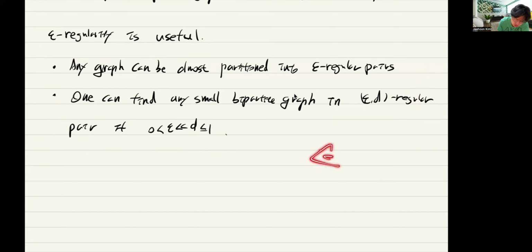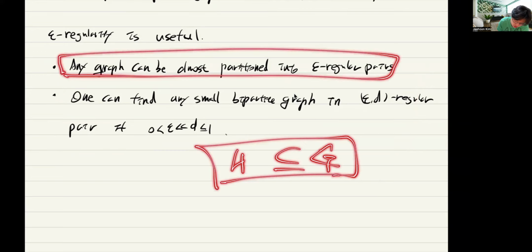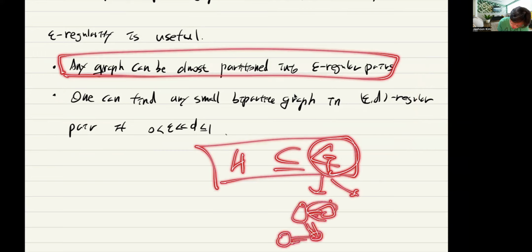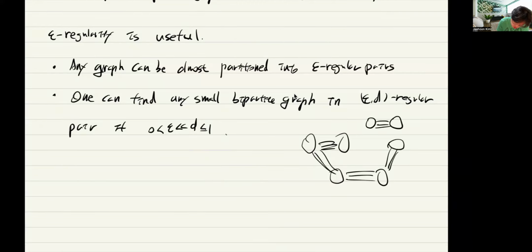If you have a graph G and we want to find H inside of G, then roughly how do you do it? You use the first fact to partition G into some epsilon regular pairs. This one, this one, this one. So in G, you partition the vertices so that this is epsilon regular, this is epsilon regular, epsilon regular, epsilon regular.